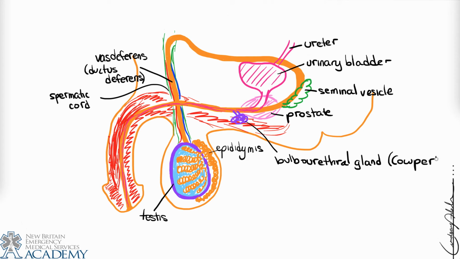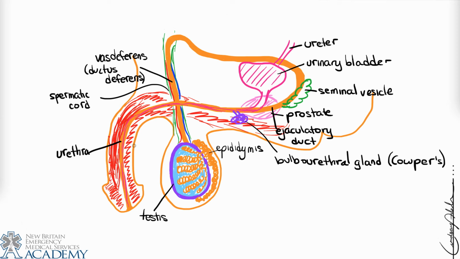We have our prostate, and we can see that the prostate surrounds the beginning of the urethra. We have our bulbourethral gland, which is also called Cowper's gland. And the space before the urethra merges with the ductus deferens is called the ejaculatory duct, and that's where we get the beginning of our semen and our secretions to mix with the urethra.